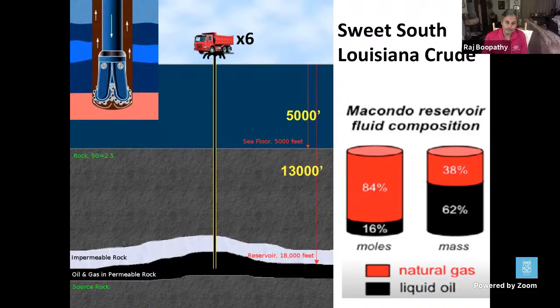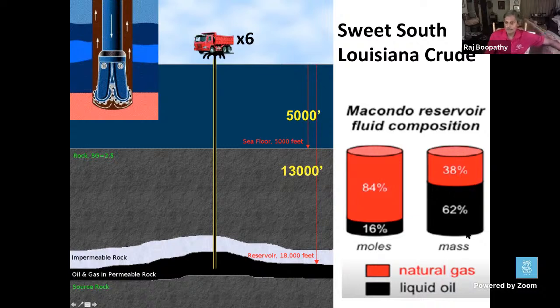This is how the site looked schematically. This is where they drilled. This is the sea surface, 5,000 feet to the sea floor. And then they drilled 13,000 feet to reach this oil, in the Macondo reservoir under the seawater.